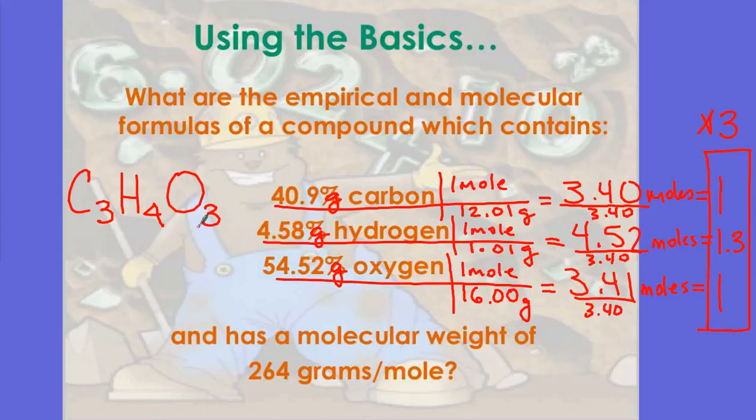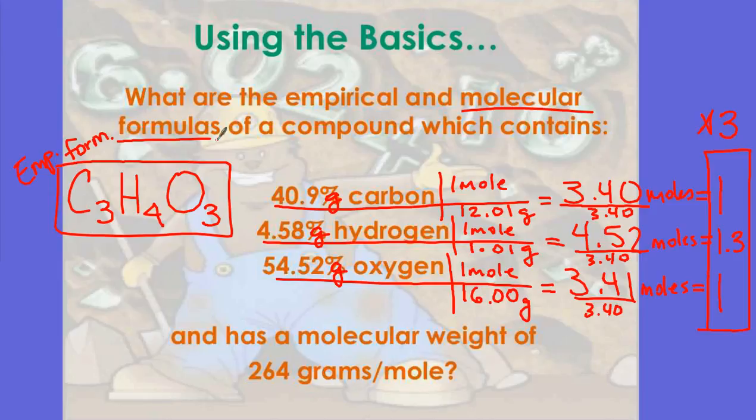This is my empirical formula. How do I know it's my empirical formula? Can you reduce 3 and 4 any further? No. So the second part of this question asks for a molecular formula. When it asks me for a molecular formula, that's when I need my multiplier.